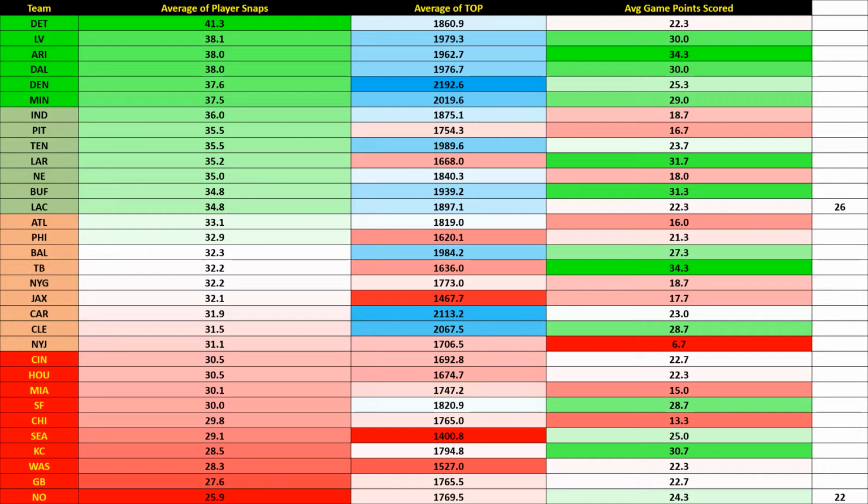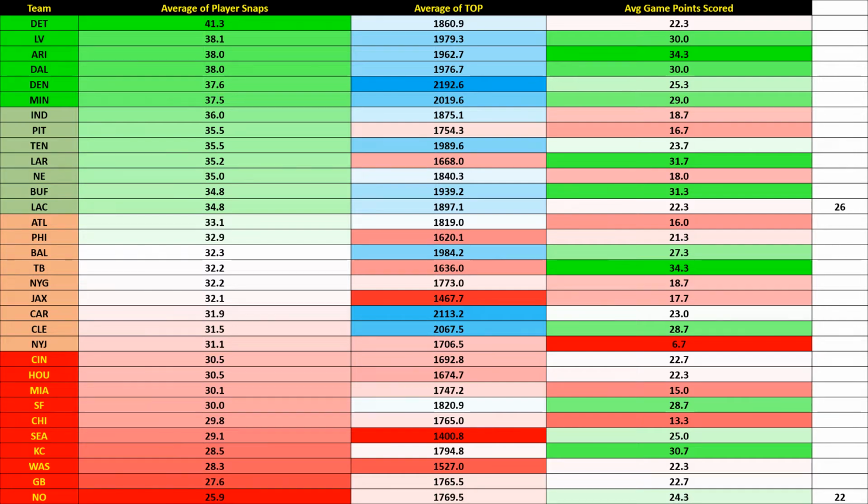I summed up the grand average in the green teams here, and that's 26 points scored, and the rest of the league is 22. So there is a 4-point difference here with player snap averages. So right away, just focusing on those teams, for the most part, you're going to be 4 points ahead of players on average than the teams with the lower snaps. So you're putting yourself in a little bit better position there.